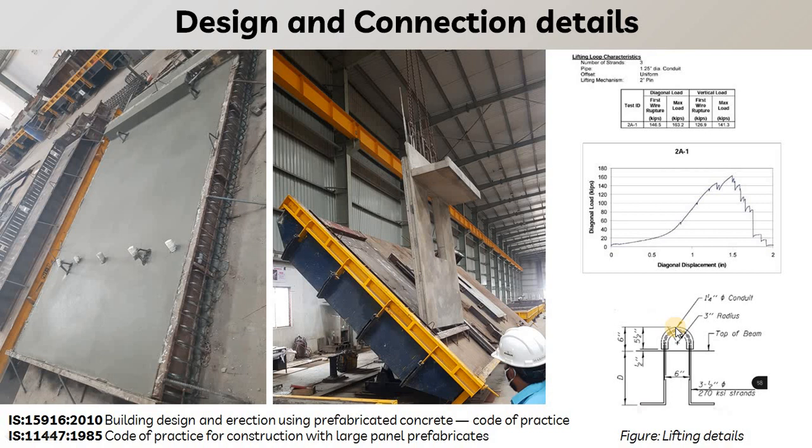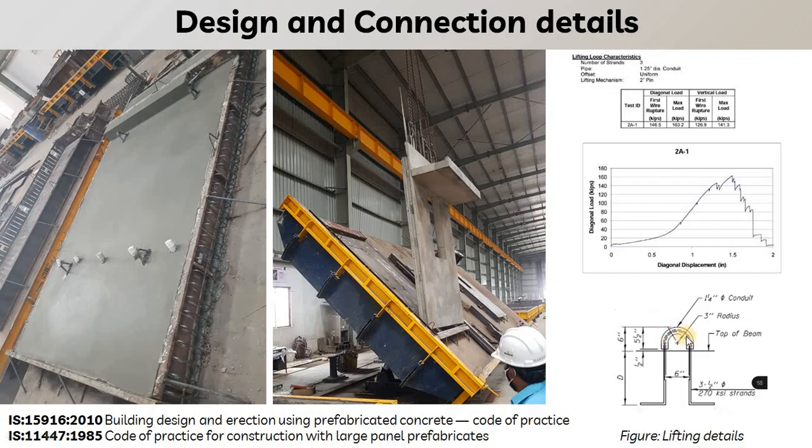Generally for lifting of this panel or precast elements, strand wires or HYSD steel are used, in which a steel pipe is also used at the radius to protect the reinforcement bar or the strand wire.